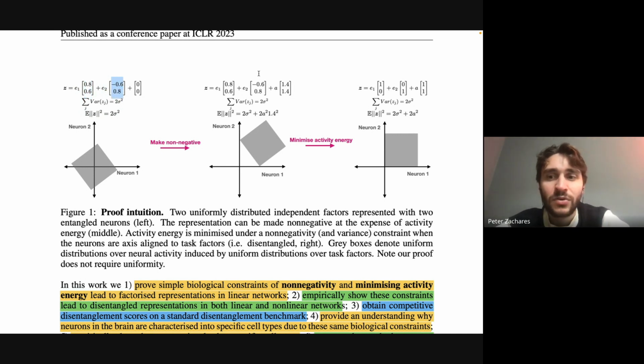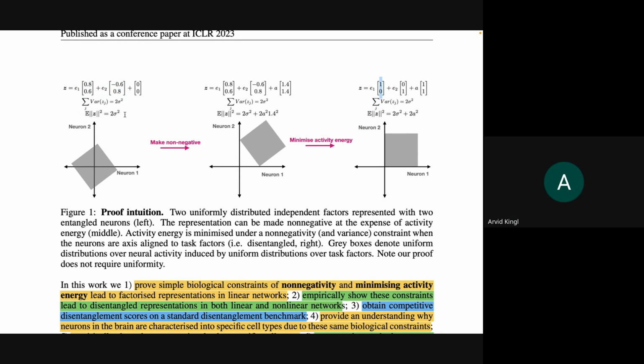If you look all the way to the right, you can see that the neurons have a disentangled representation, which means that there's a 1 in one dimension of the vector and a 0 everywhere else. And so the first thing that they point out is that this diagram on the left doesn't enforce non-negativity or energy efficiency.